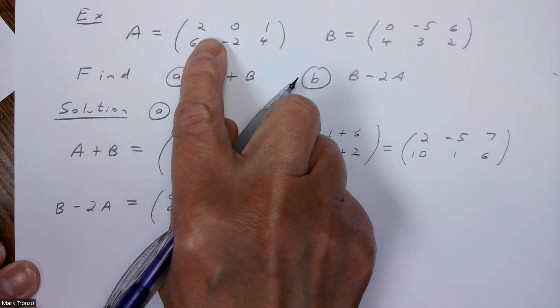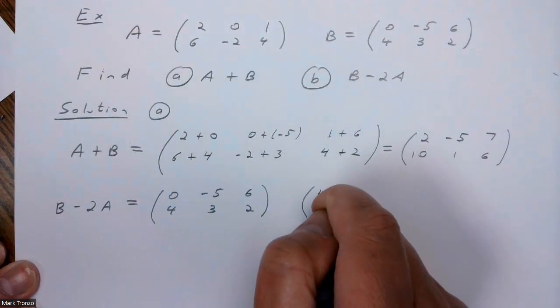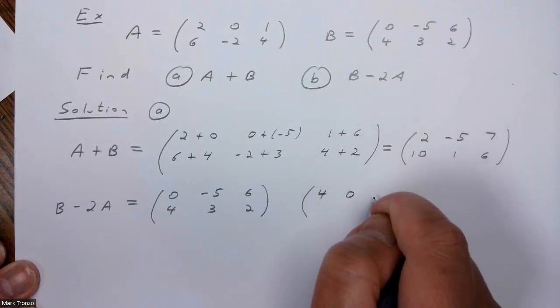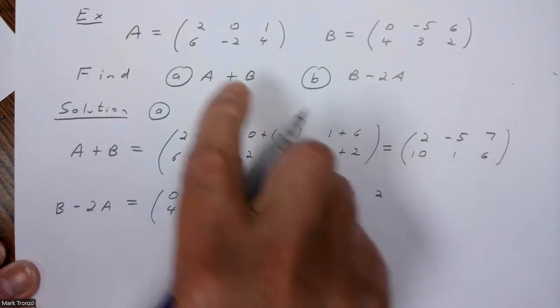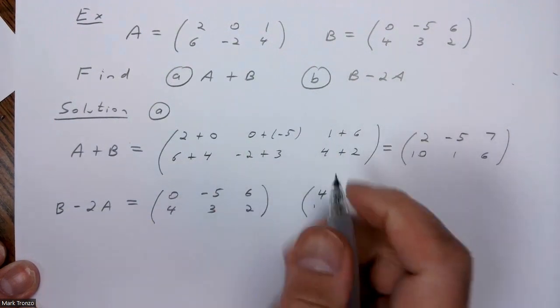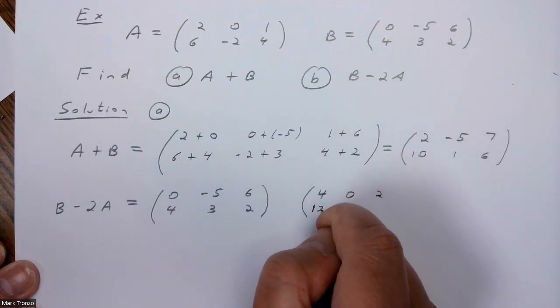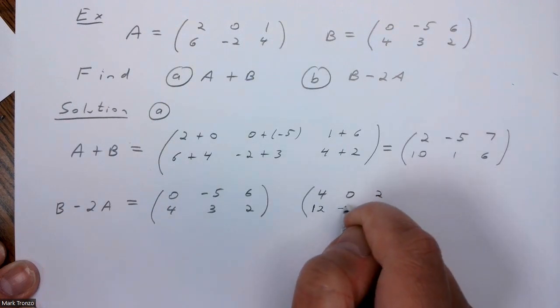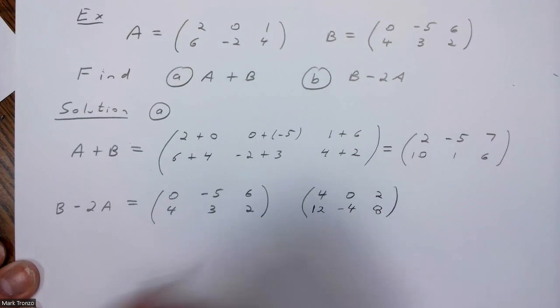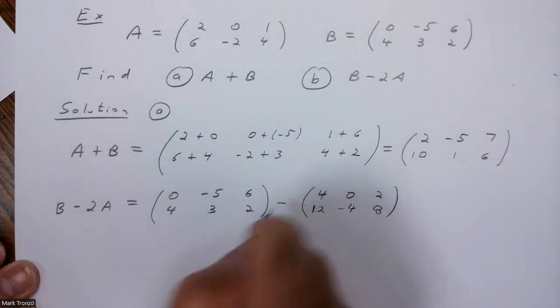And so that means we multiply this matrix by 2. That'll give us 4, 0, 2, 12, minus 4, 8, and then we'll subtract those.